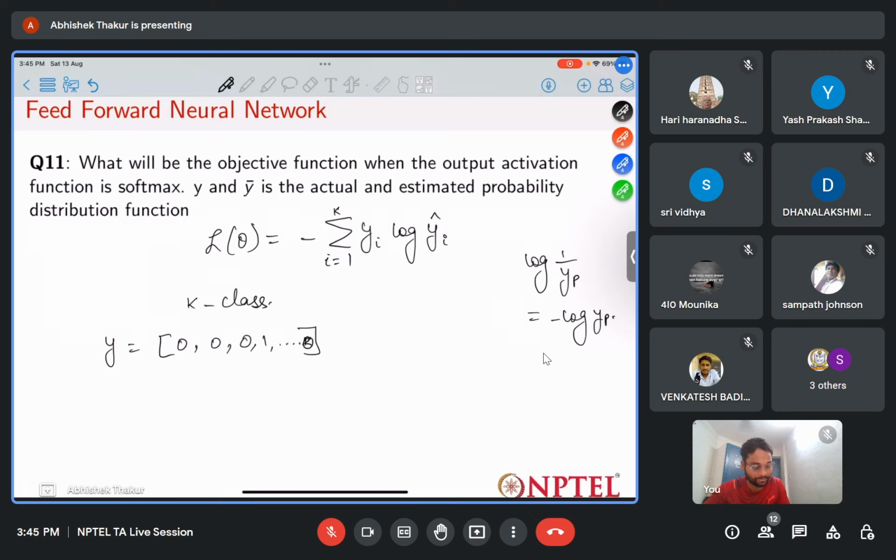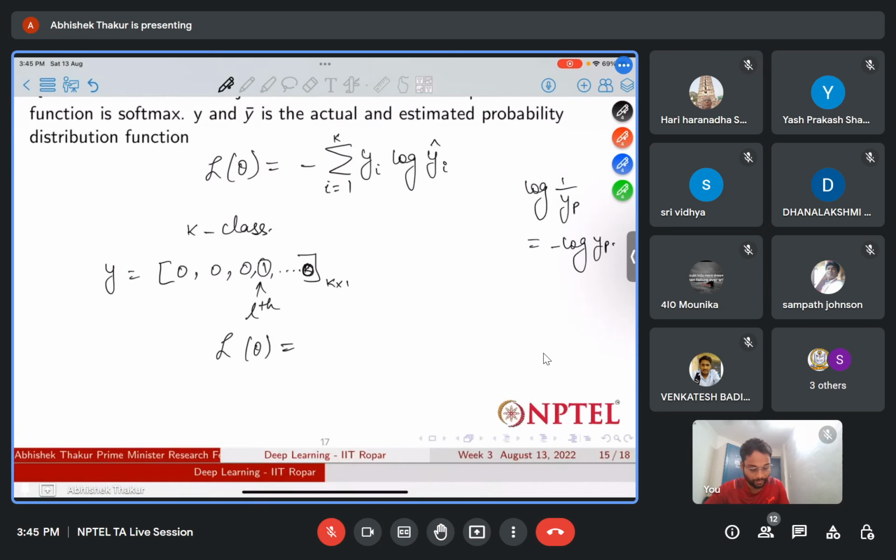So the kth value is 0. This will be k cross 1, and any one value will be 1. Let's suppose at the Lth place it is 1. So we can write first: yi is equal to 1 if i is equal to L, that is the true class label.